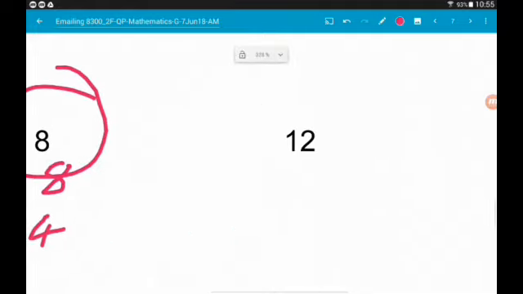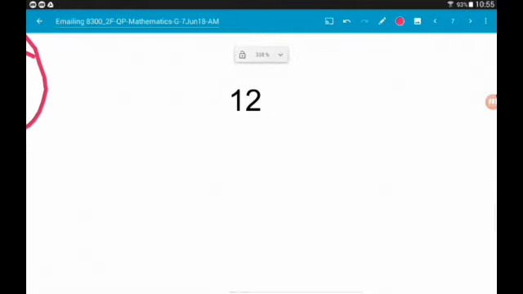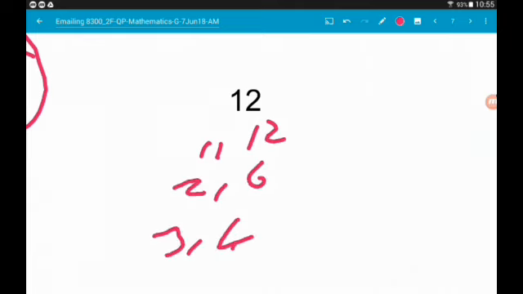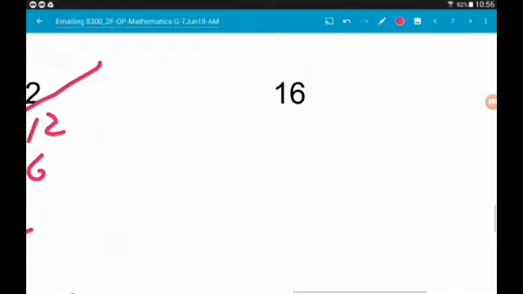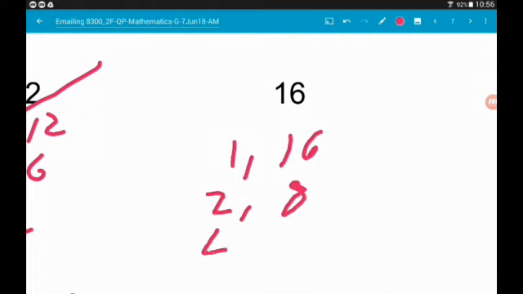Boom. So we'll do the others as well. 12 has 1, 12, 2, 6, 3, 4. And 16 has 1, 16, 2, 8, 4 and 4.